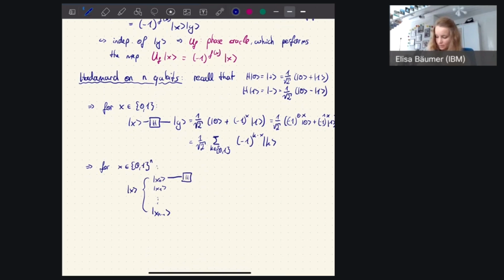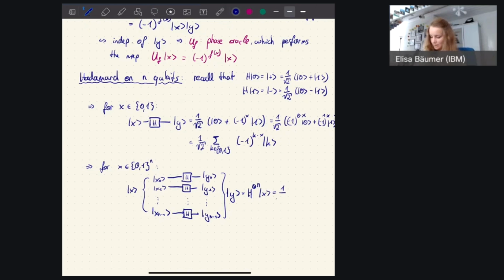We apply a Hadamard gate to each of them, and then we get the outputs y0, y1, and so on till y(n-1), which I combine as y. Or, sorry, qubits, which can of course be in a superposition. They are in a superposition, in fact. And y is just Hadamard to the power n applied to x. This means I'm applying H tensor H tensor H, and so on, on all n qubits.